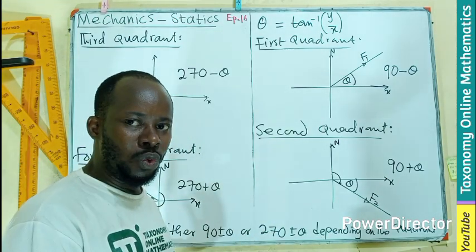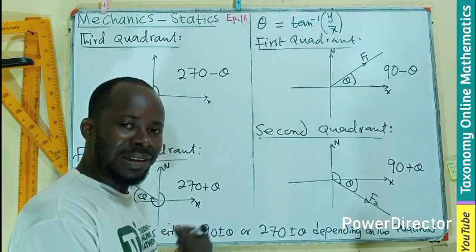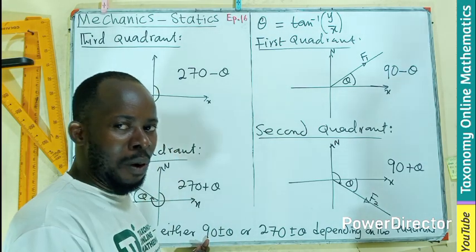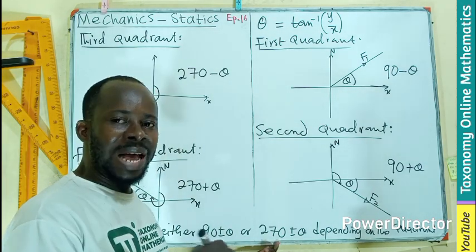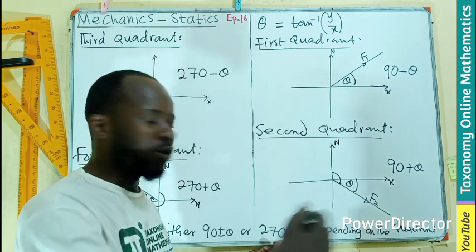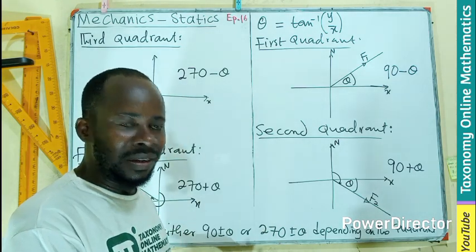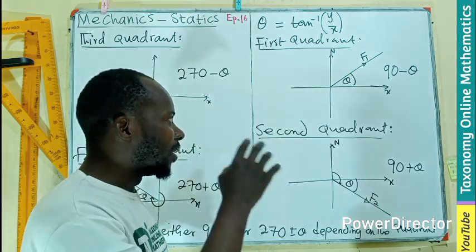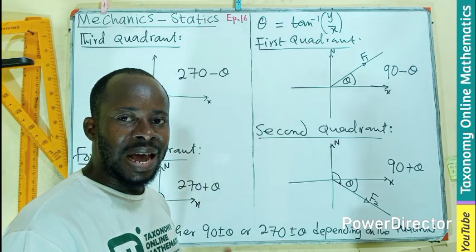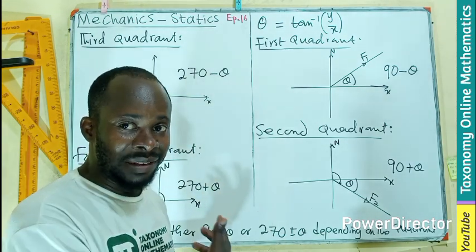So the quadrant will determine whether it will be plus or minus the 90, or plus or minus the 270. All right.